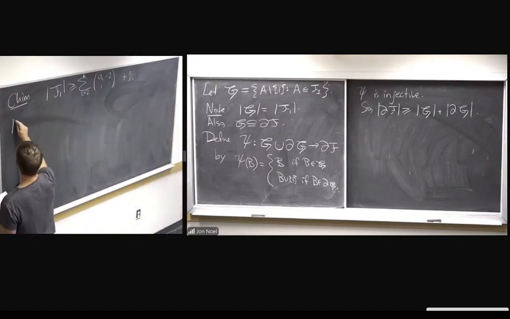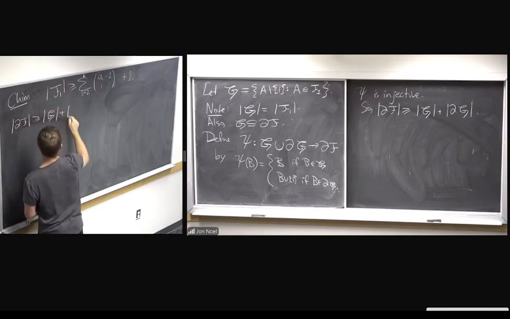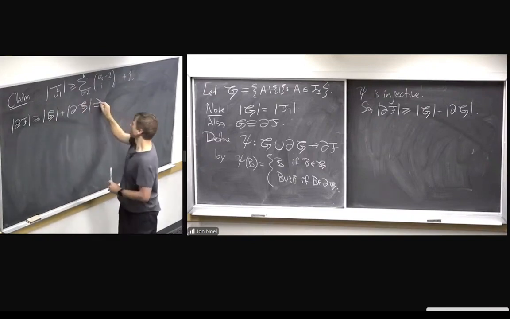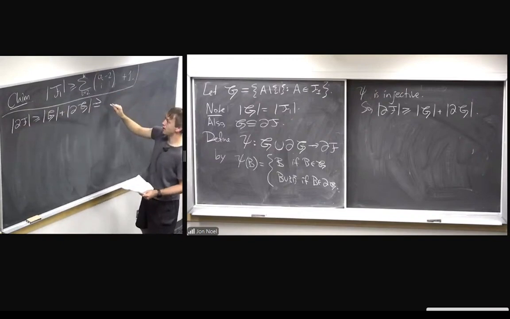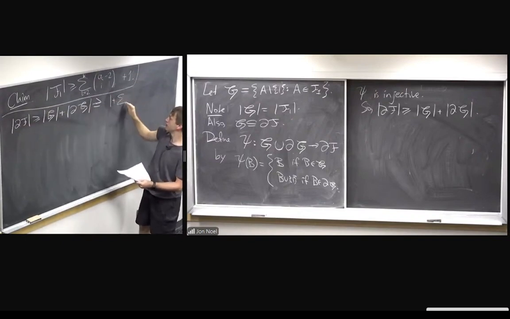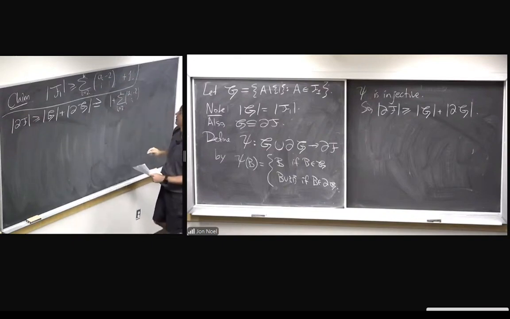Using this claim and the fact that G has the same size as F1, we can bound G by 1 plus the sum from i equals 2 to k of a_i minus 2 choose i. So that's the bound on G.